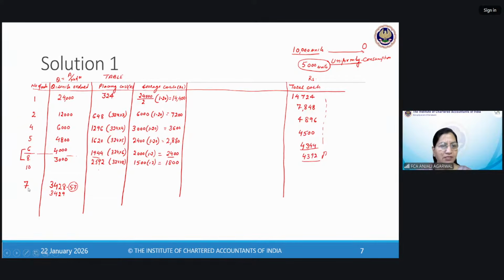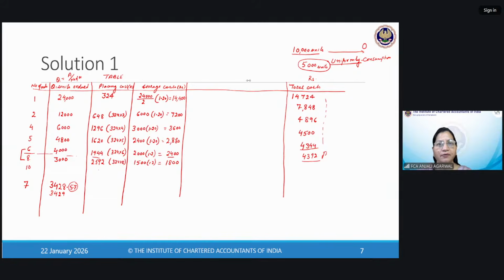So you have placed 7 orders. You will order 3429 units, and you should always round it off to the next number. Bearing in this question means units.